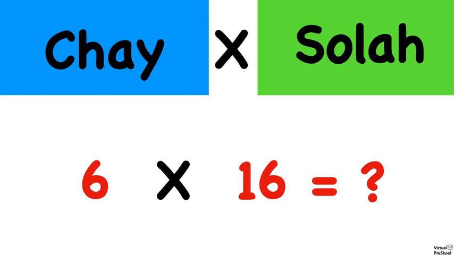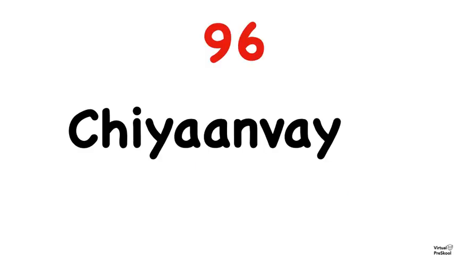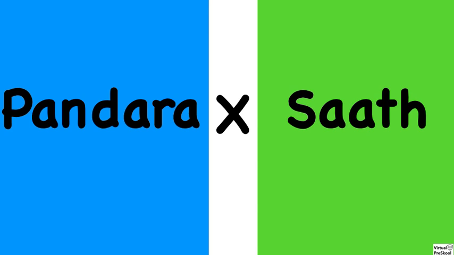All right, 6 times 16 is 96. 96 is 6 times 16. And how do we say 96 in Hindi? Again, if you know how to count that high up in Hindi, awesome. If you don't, that's okay. All right, we have 96. 96 is 96 in Hindi. All right, next one.